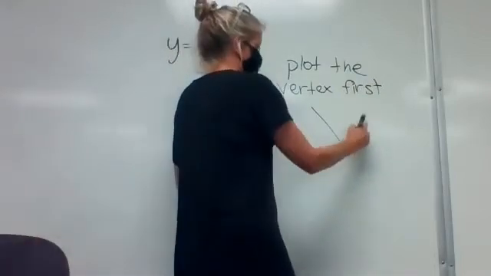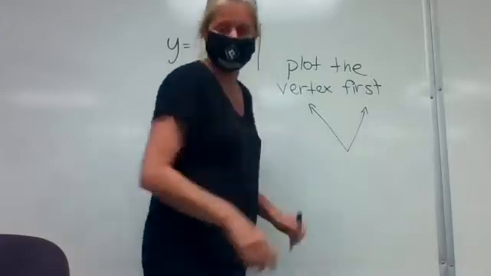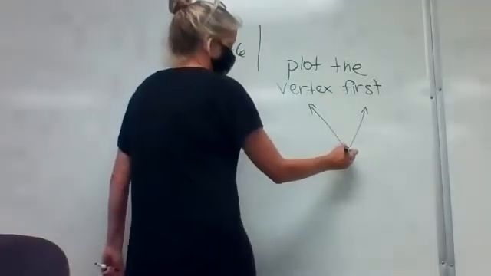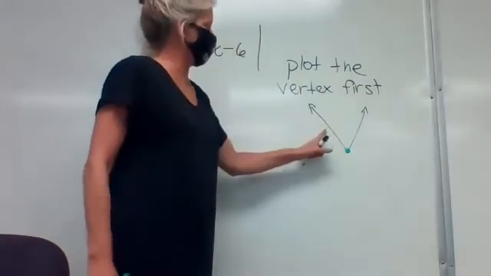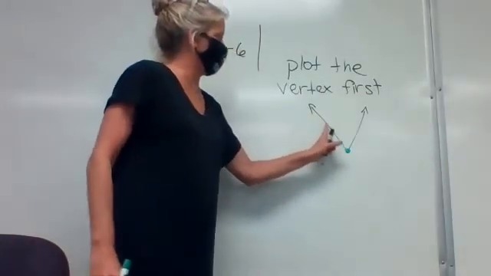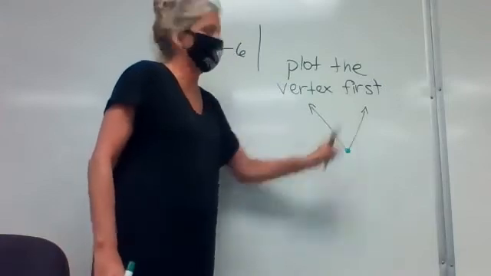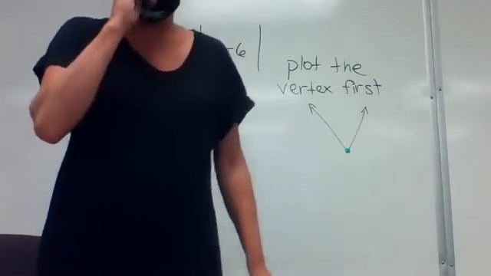And the vertex of that V shape is this point right here. So if you plot another point somewhere else, it's going to think that that's what you meant as the vertex, and it's going to make your V somewhere else.